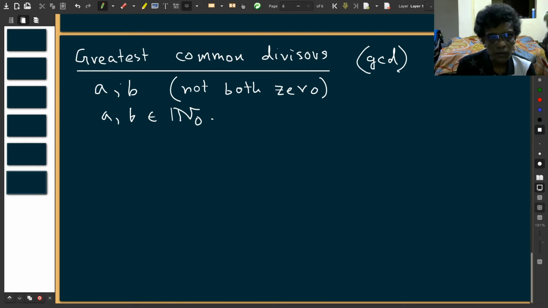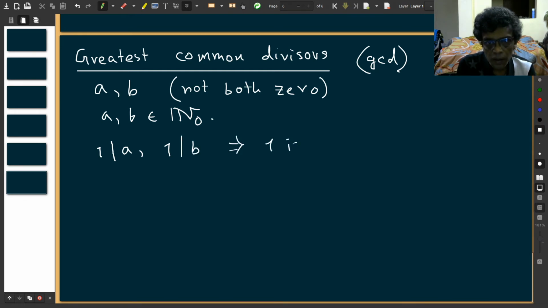Negative numbers we can handle, but for the moment let us not worry about negative numbers. Then we know that 1 divides any number, 1 divides a, 1 divides b, which implies 1 is a common divisor of a and b.